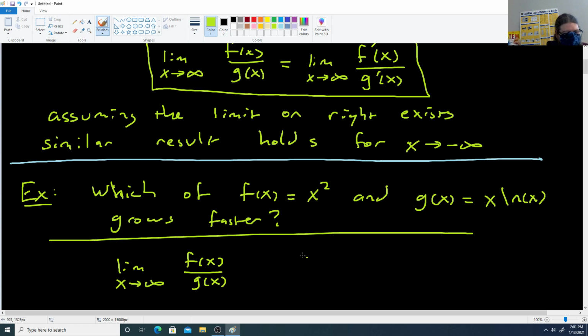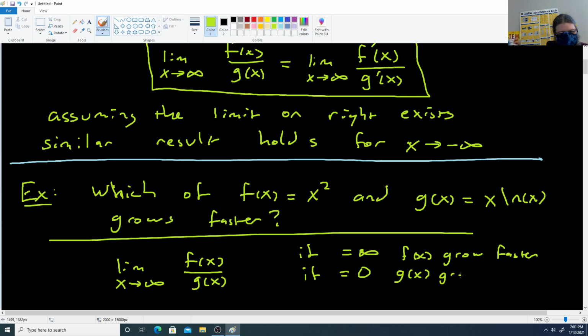Now, if that limit is equal to infinity, then f of x was growing faster than the bottom, so that pulled the thing up to infinity. So f of x grows faster. If the bottom is getting larger than the top, that's going to create a fraction where the bottom gets larger and larger. So if that equals 0, then g of x grows faster.